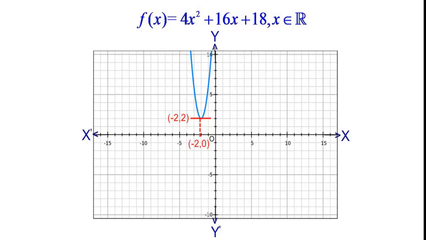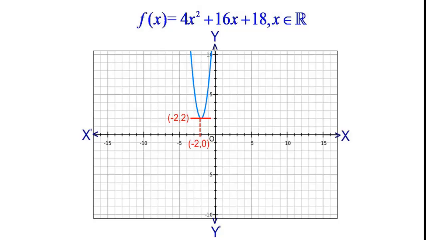We observe from this graph that this function attains a minimum value at x equal to negative 2 and the value is 2, and the function does not attain a maximum value in this case.